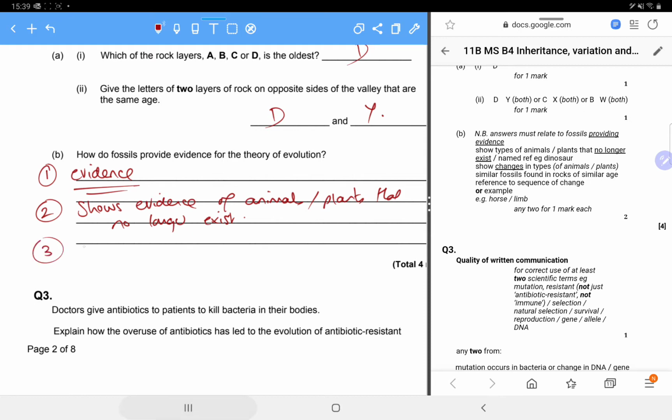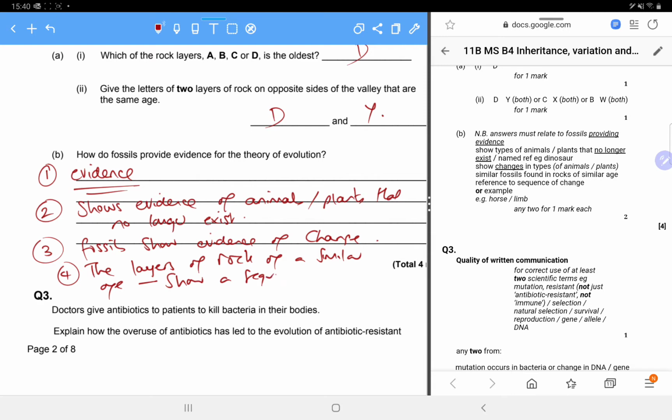Three, that the fossils show evidence of change. And four, the layers of rock of a similar age show a sequence of events or a chronology.